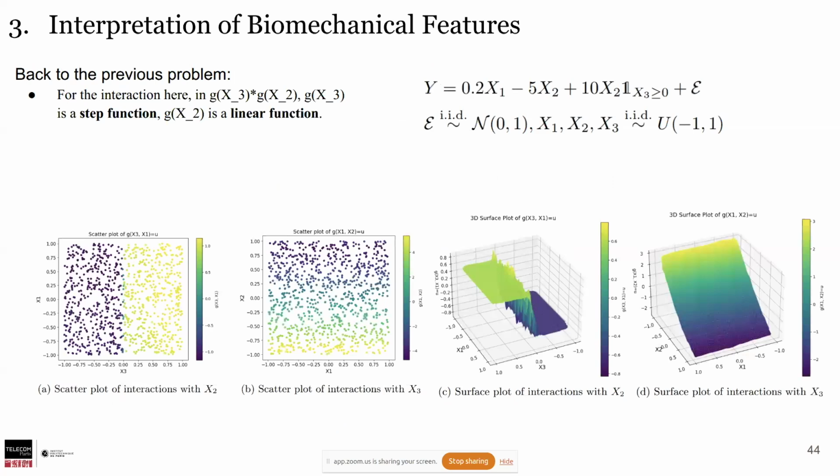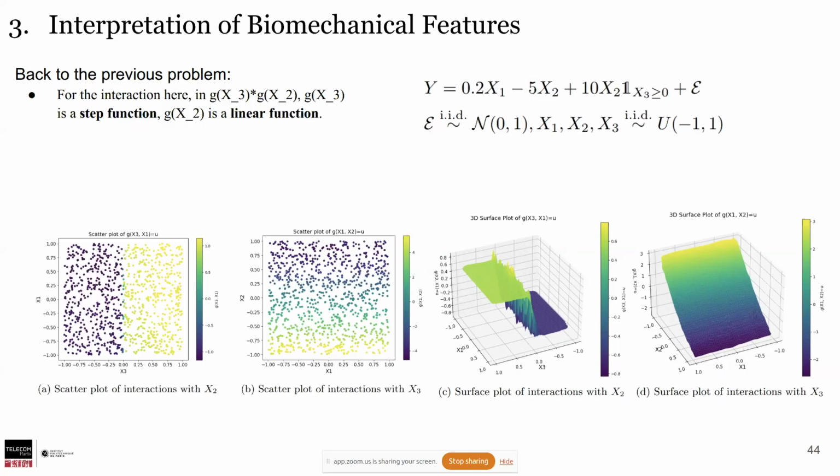So then we go back to the previous toy problem with our method. First, we check how the interaction happens. The interaction term can be written in two functions, one relative to x3, which is a step function, and the other relative to x2, which is a linear function. In our case, we recovered these interactions.